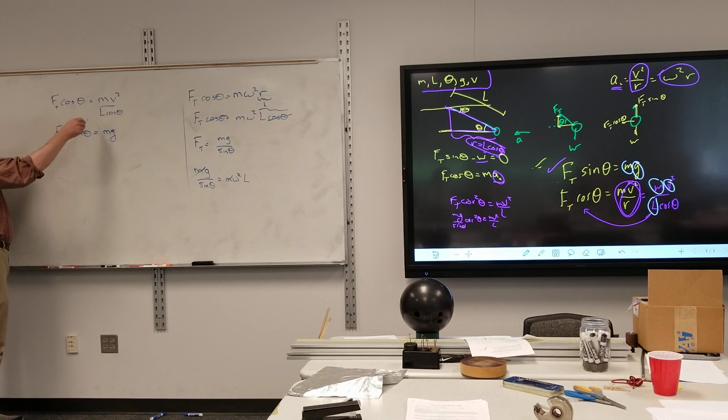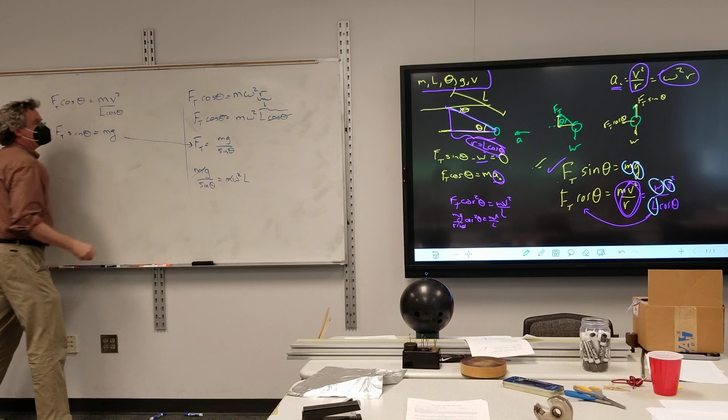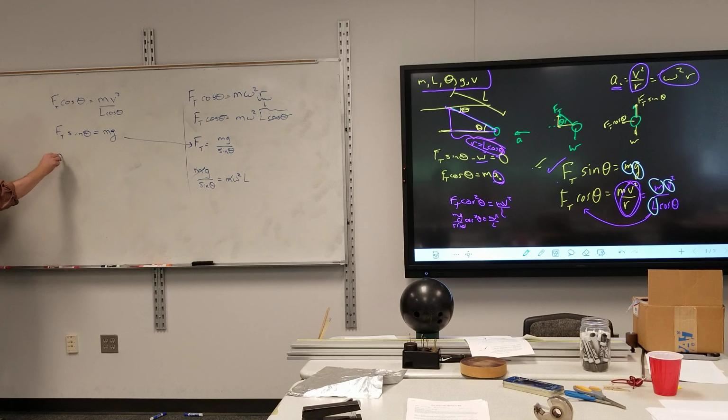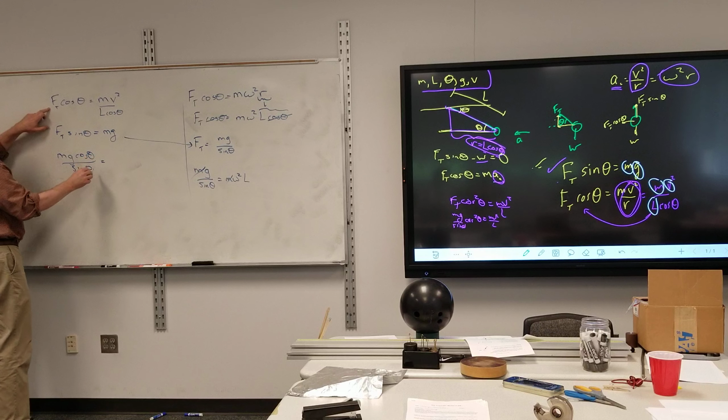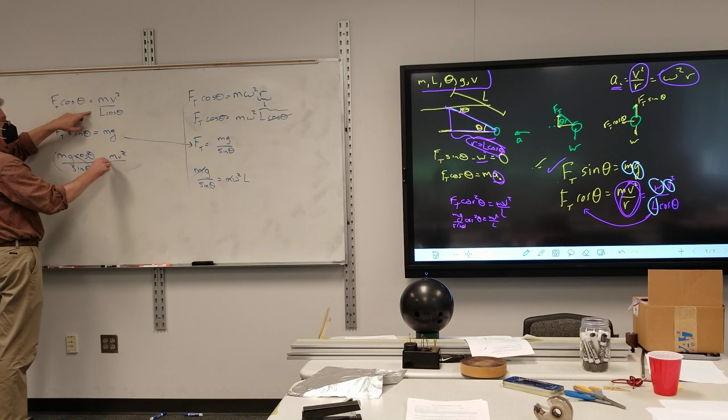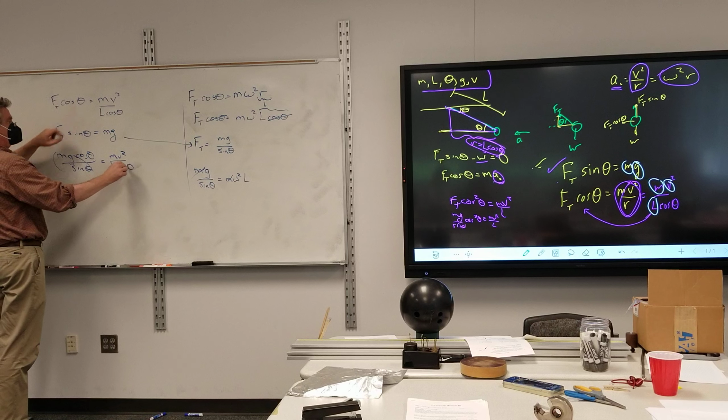I need to somehow get my variables together, so I'm gonna solve for tension in the second equation, which is basically right there. Plug into the first one, so I got mg cosine theta over sine theta, that's my tension, is equal to mv squared over L cosine theta.